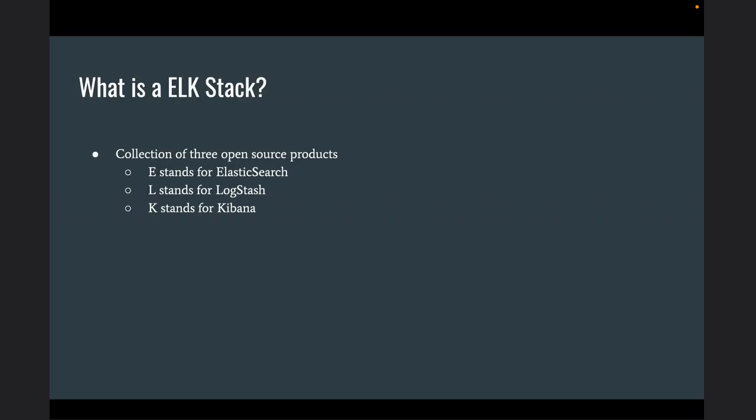Yes, sir. My name is Atharva, and I'll be continuing where Venu has left off. So, what is an ELK stack? An ELK stack is a collection of three open source products, namely E for Elasticsearch, L for Logstash, and K for Kibana.